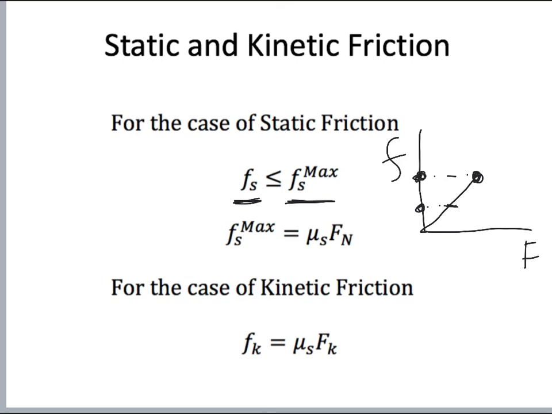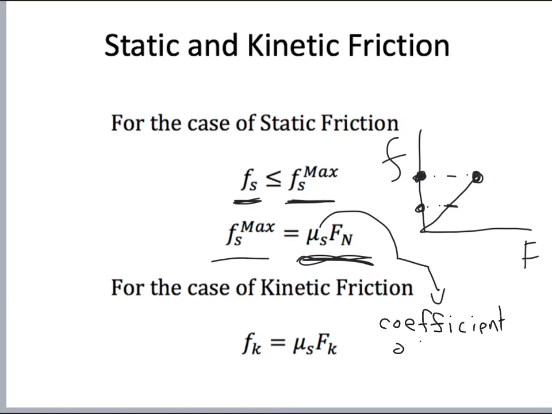Once I get to this, then the maximum static friction is equal to mu sub s times F sub n. And this mu sub s is called the coefficient of static friction. And again, that's just basically how rough the surfaces are.